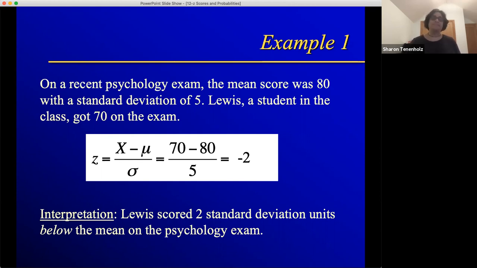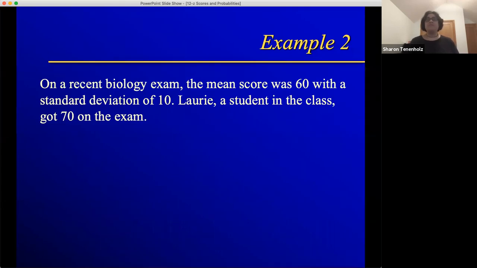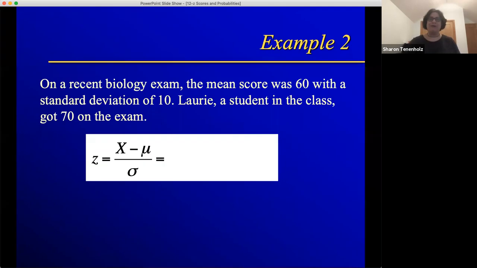Let's do another one. On a recent biology exam, the mean score was 60 with a standard deviation of 10. Lori, a student in the class, got 70 on the exam. If we wanted to calculate her z-score, we would use that same formula, X minus mu divided by sigma.